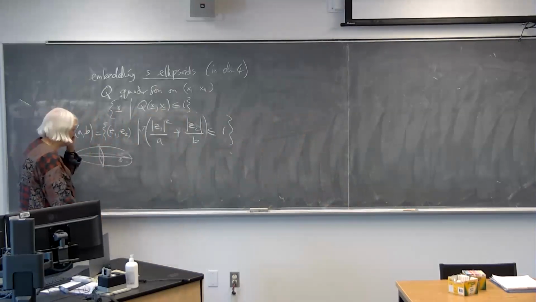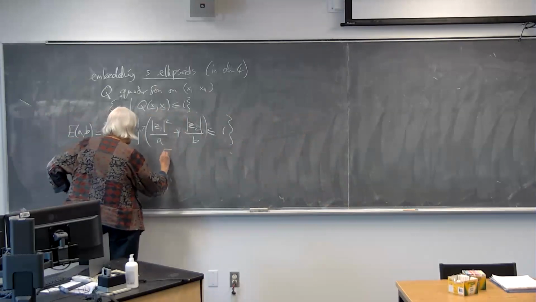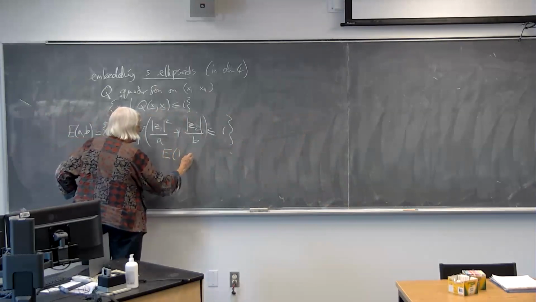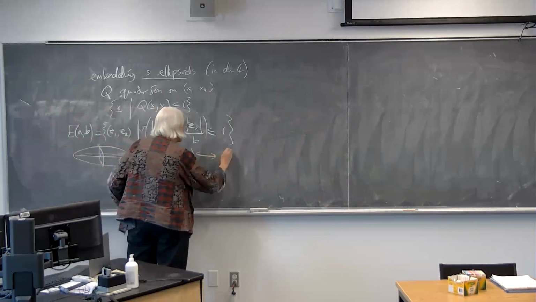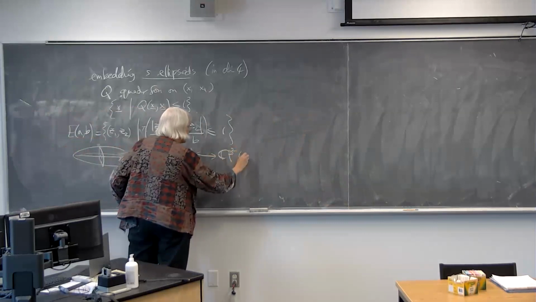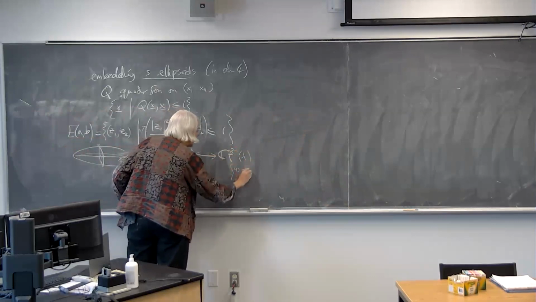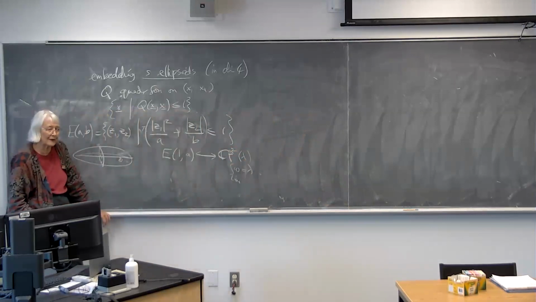But one thing you can do is look, for example, at the embeddings. Of course, we can take E(1,a), and we can try to embed it into CP2 of size lambda, say. That means that the integral of the form over the line is equal to lambda. So we usually use areas as our measurement of sizes.